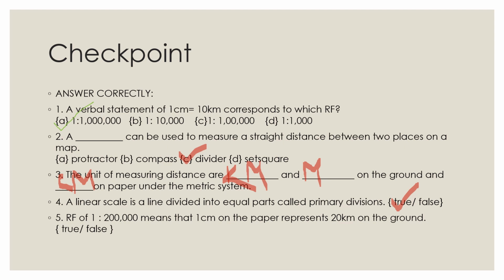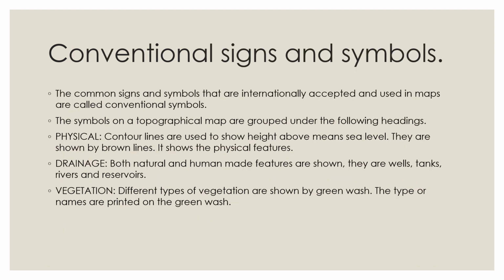This is false, because 1 centimeter on the map corresponding to 200,000 corresponds to 2 kilometers, not 20 kilometers. If the question said that 2 million corresponds to 20 kilometers, it would be right, but this is false. So here we completed the second checkpoint too.